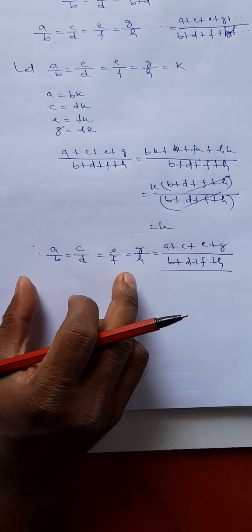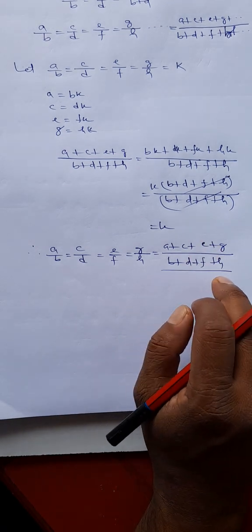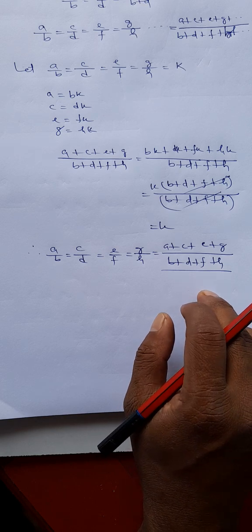Means each ratio will be equal to the sum of the antecedents divided by the sum of the consequents, right?